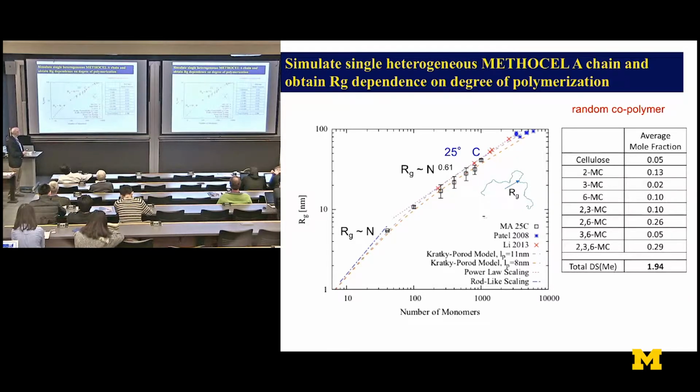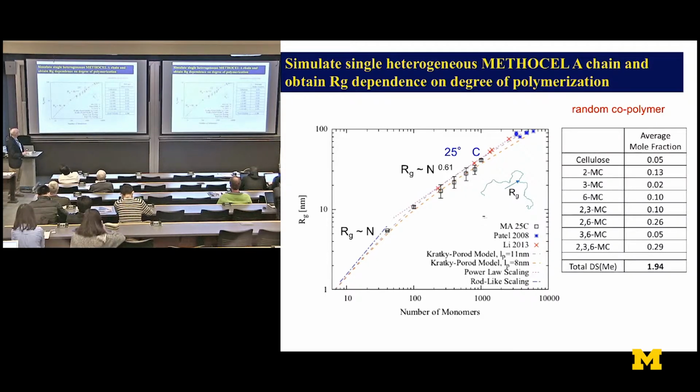Now we can look at a very long polymer that we can simulate at the coarse grain level and obtain the radius of gyration, essentially the coil size, as a function of the number of monomers going up to 1,000 monomers. And we find the coil size matches the experimental coil size, which is from these colored symbols here, indicating a correct simulation at the coarse grain level.